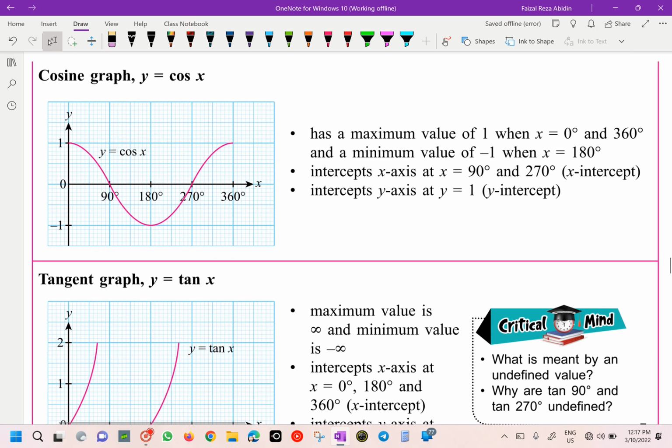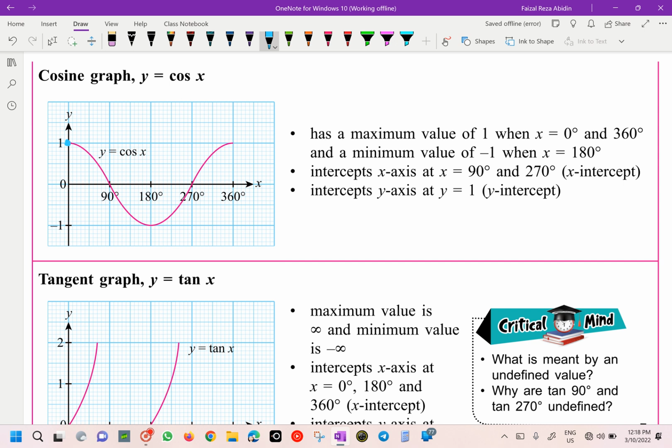Okay, so by using your calculator also, when you have y equals cos 0, we are going to get the value 1. That's why you have over here 1, starting with our 1 there. Okay, means that we have the maximum value already, right? Yes. It's going to be 1.